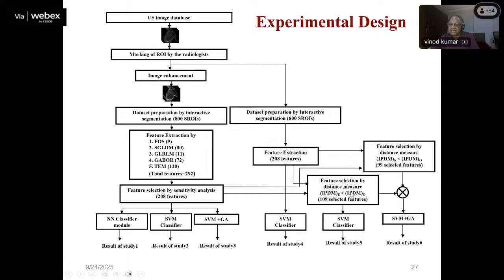Both less and more features were selected, and we used an SVM classifier. And by combining these, we used an SVM plus GA classifier. So we did 6 studies. This work I am presenting is not of one PhD scholar, it is the work of 2, 3 PhD scholars. I am just giving you a general idea of how a research problem can be planned.